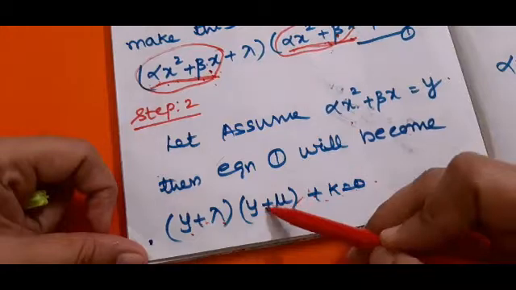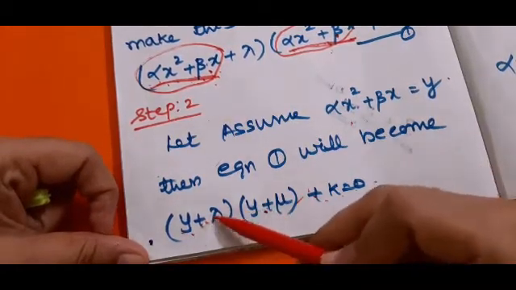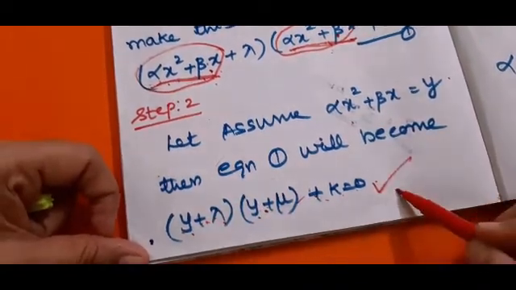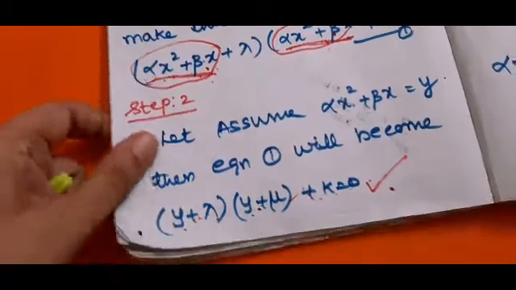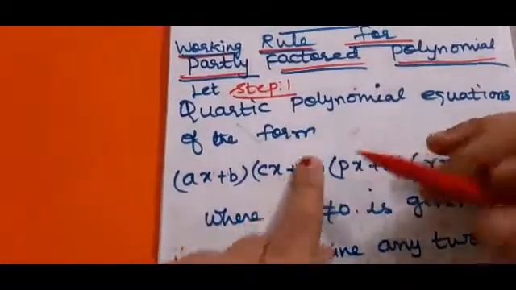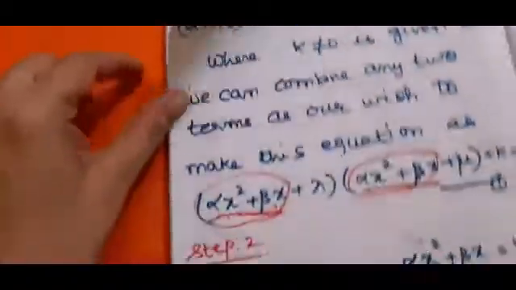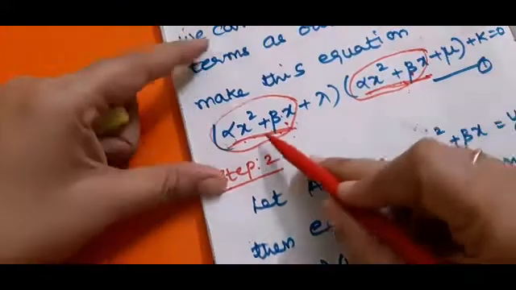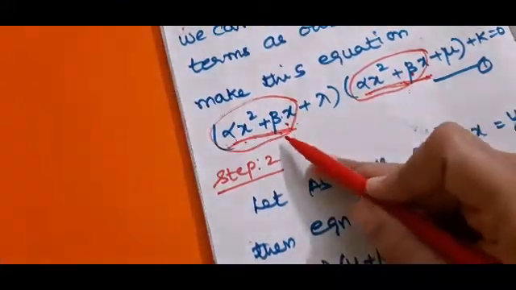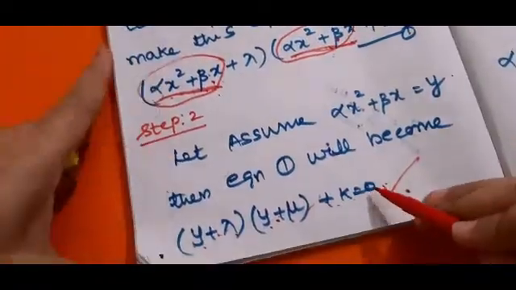If you multiply y with y, we get y², and λ with y, so you will get a quadratic equation. That is what I have done. I was given a quartic polynomial, a fourth degree polynomial, and by combining the linear polynomial terms I have reduced it into a quadratic polynomial.